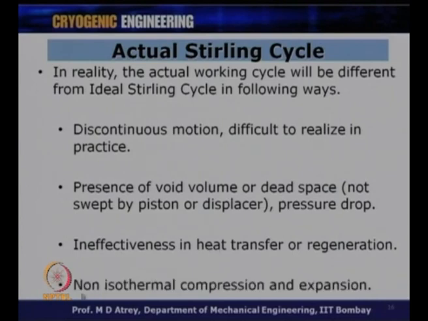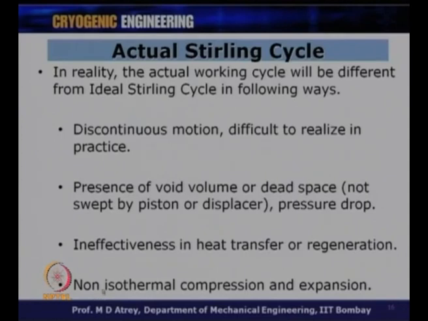Also, the fourth possibility is non-isothermal compression and expansion. Now, in order to realize compression process isothermally, it's very difficult, as you know. This has to be otherwise a very slow process. However, we call Stirling cycle process a speedy process. It's basically a high frequency process, and therefore, to realize isothermal compression in actual case is not so simple. It's rather difficult, and therefore, we may not have isothermal compression in actual practice, or we may not have isothermal expansion in practice, and therefore, we will go away from ideality in this case.